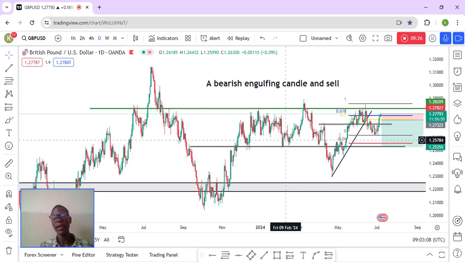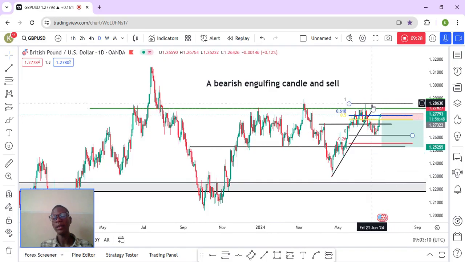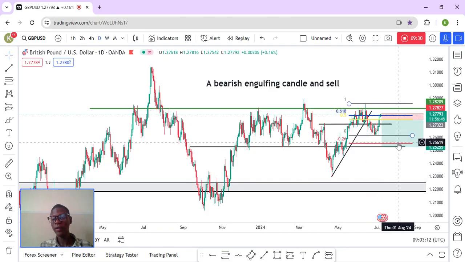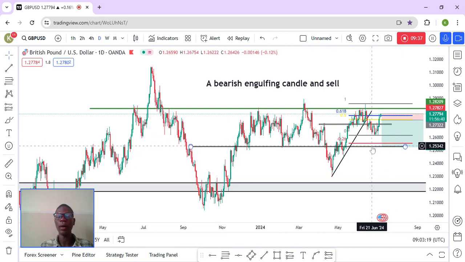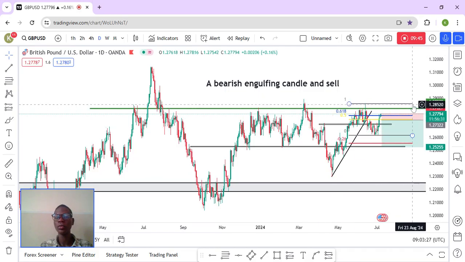So this is forming like an inverse head and shoulder, and it will definitely come back to fulfill the right shoulder. All we have to do is to be very patient and see how we can profit off it.